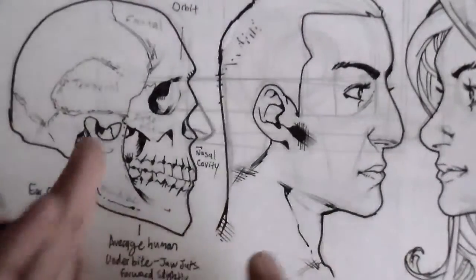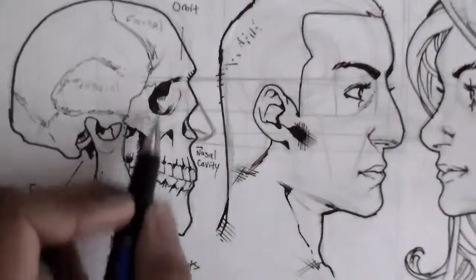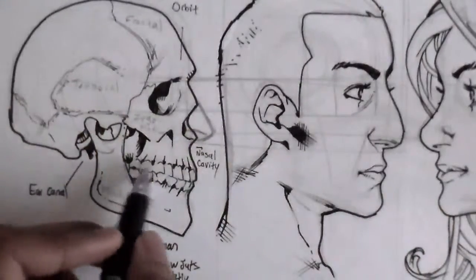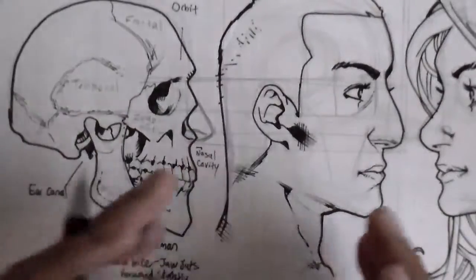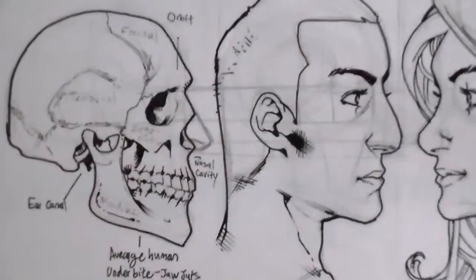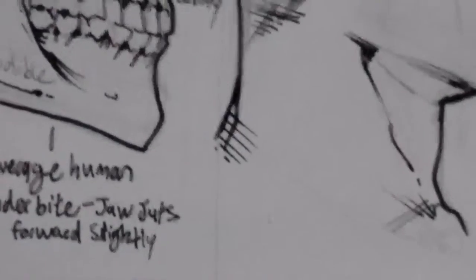Or rather, memorize the shapes underneath the flesh that you see, because all of these forms and shapes on the human skull are still visible even through the skin, and these really dictate how a person looks facially on the outside as well.